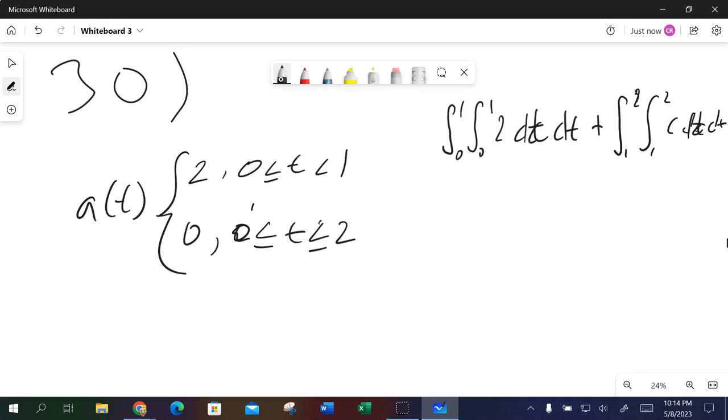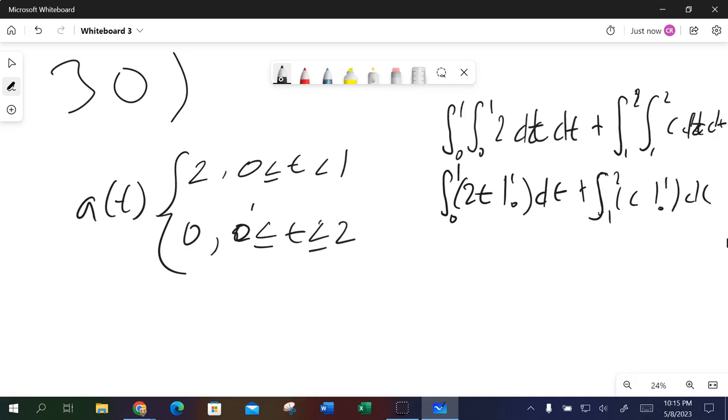Once we take this first one, we get the integral from 0 to 1 of 2t from 0 to 1 dt, plus the integral from 1 to 2 of c from 0 to 1 dt. So now we're just going to do the same thing.